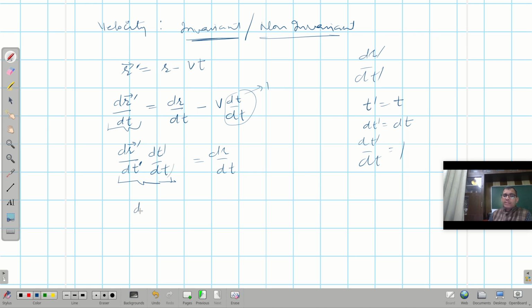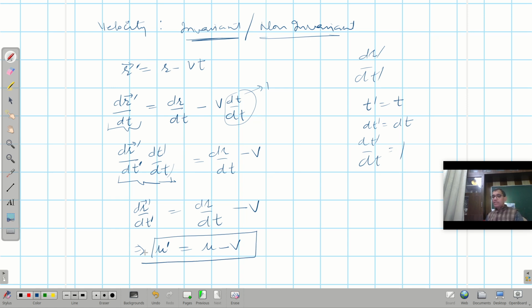So dr prime by dt prime can be written as dr by dt, and this minus v also remains here. That means u prime is equal to u minus v.